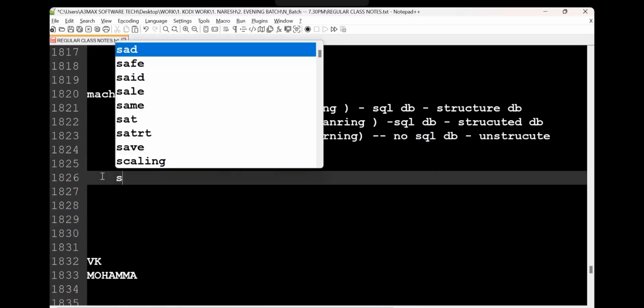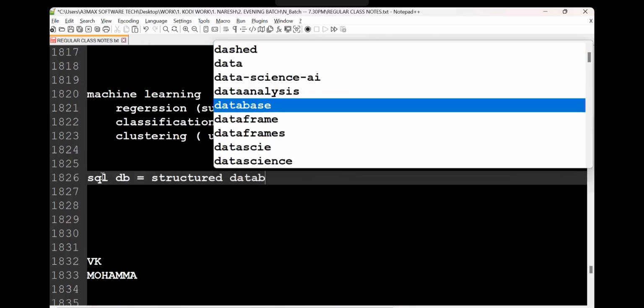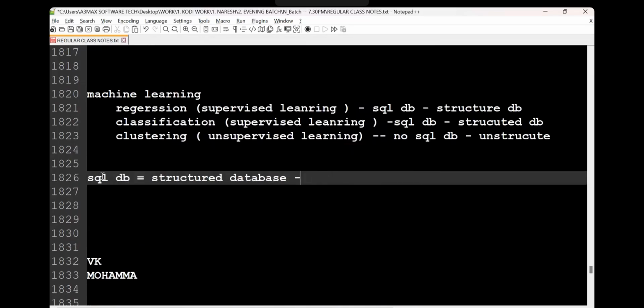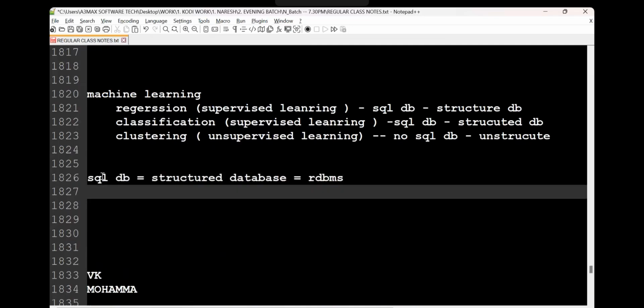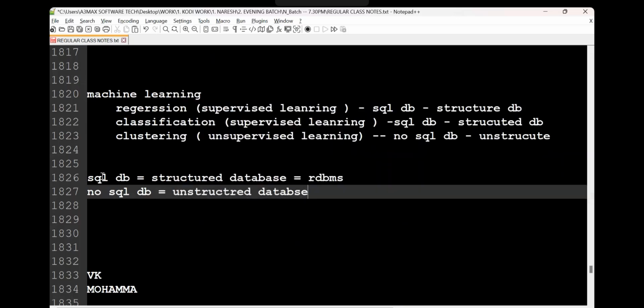SQL DB is also called structured database and RDBMS, relational database management system. NoSQL DB is also called unstructured database, non-relational DBMS, database management systems. Are you clear? So this is called structured data, unstructured.